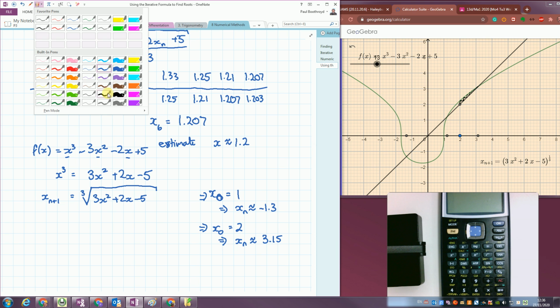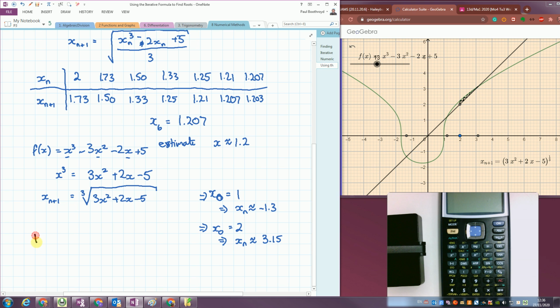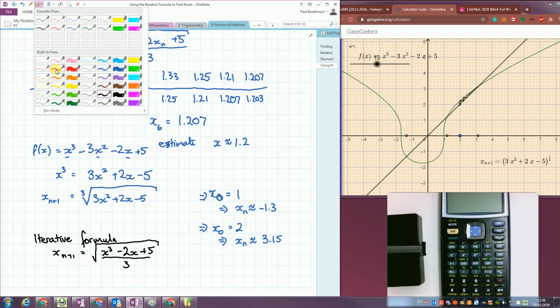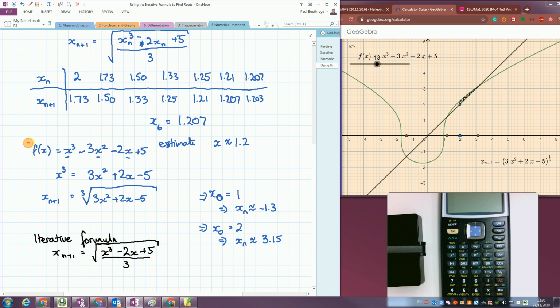So if they say find me an iterative formula where they show us x(n+1) is the square root of x cubed minus 2x plus 5, all divided by 3, what you need to think is, that's what they want me to find, so let's reverse it to something looking more like my original function. So we want to get it into a single line.